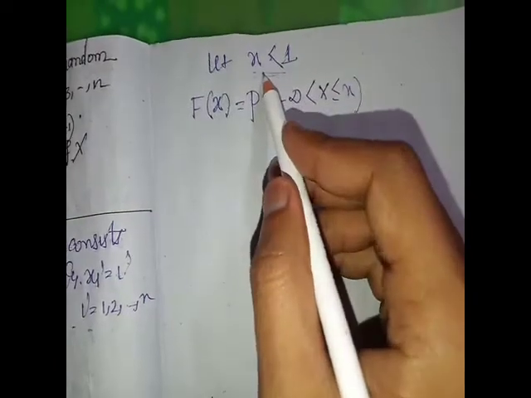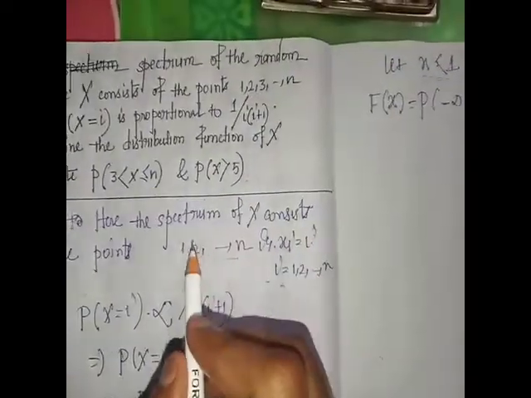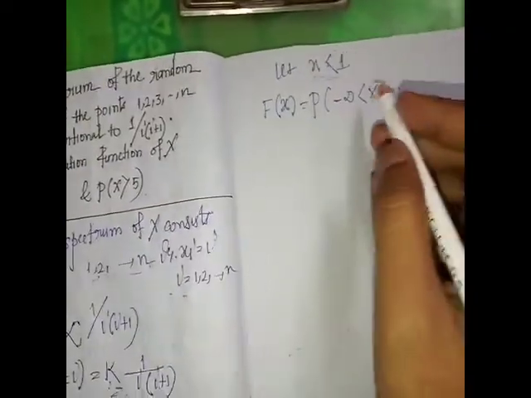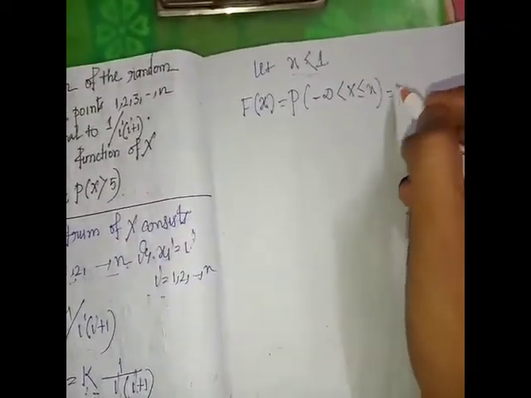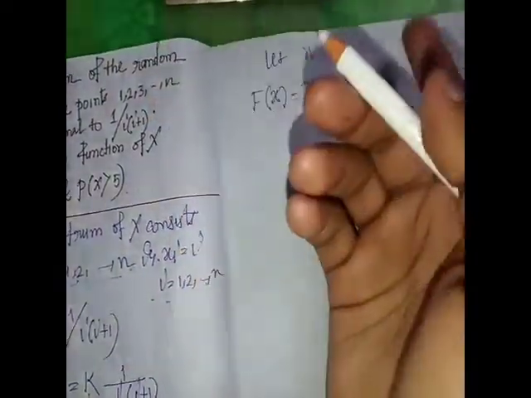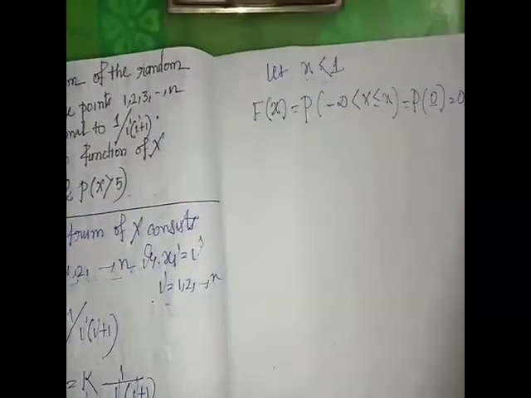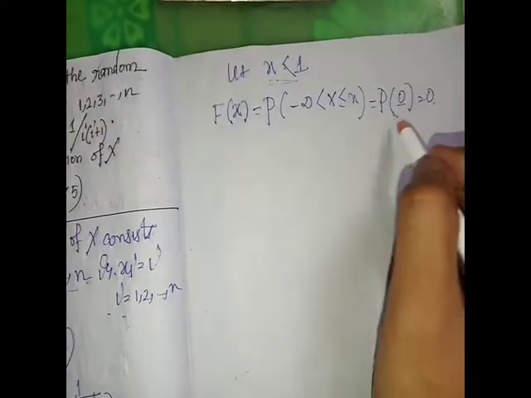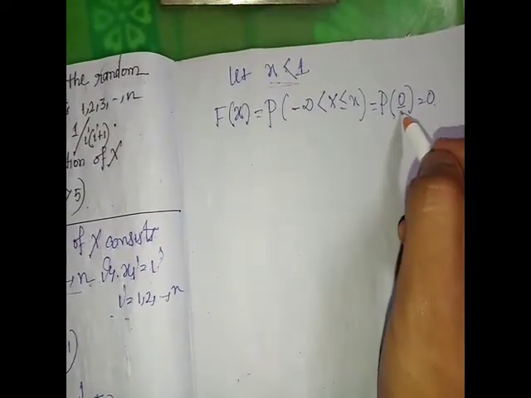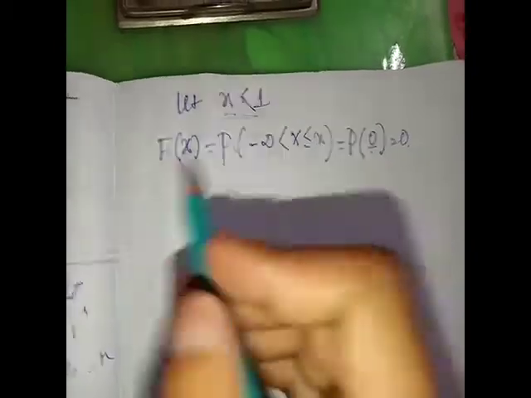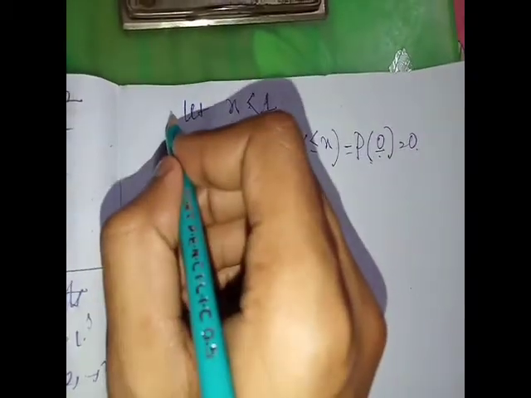Since x is less than 1, it contains no point of the spectrum, so this is an impossible event and the probability is 0, as in the previous problem. This is the first case.